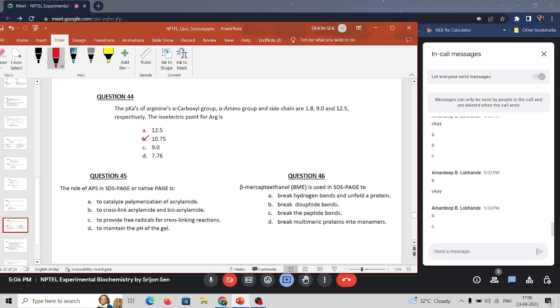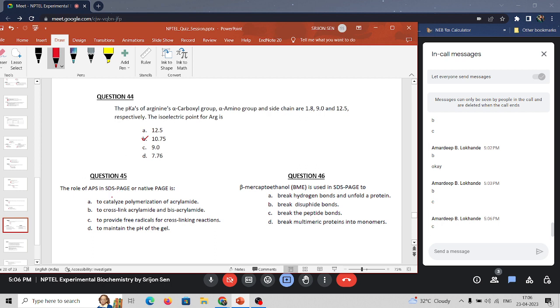Okay, the role of APS in SDS or native PAGE. So what is the role of APS in an SDS or native PAGE? Yes.